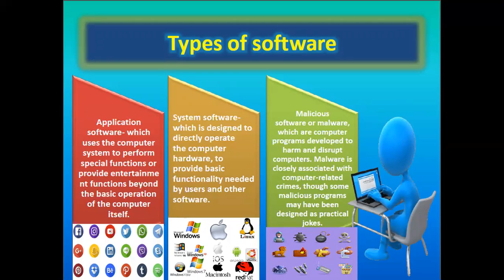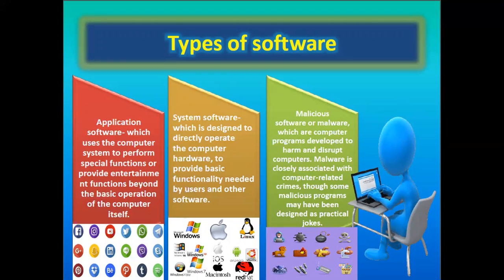So they are malicious software. There are different types of malware. Common ones that we know of are the Trojan. We have virus, we have worms, we have rootkits. Then what else? We have spyware, crimeware, and adware.